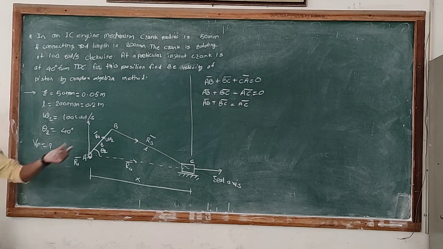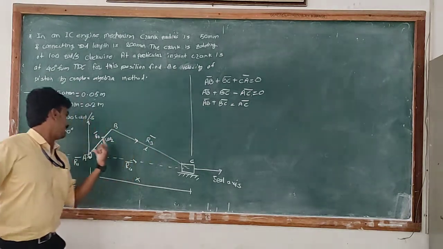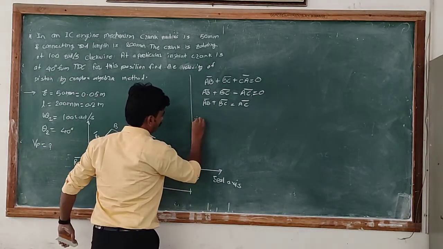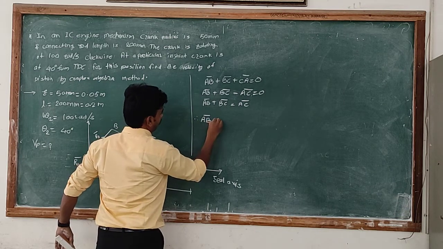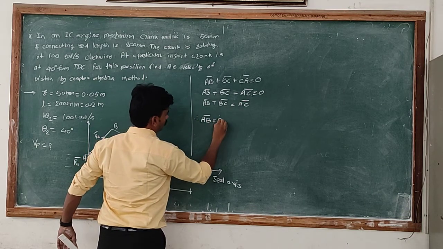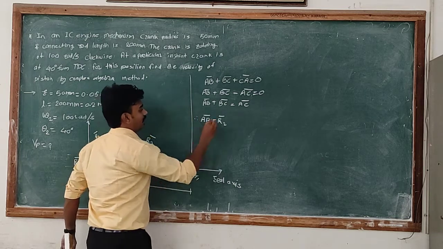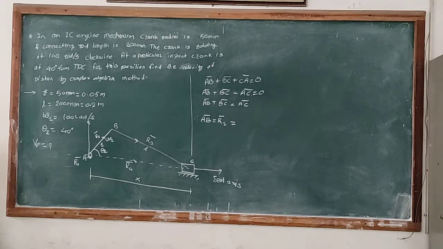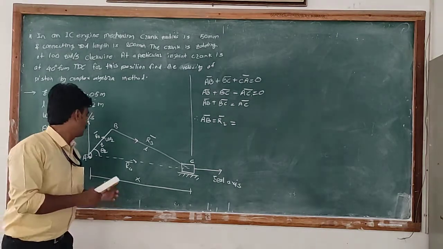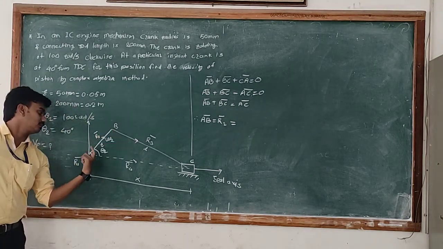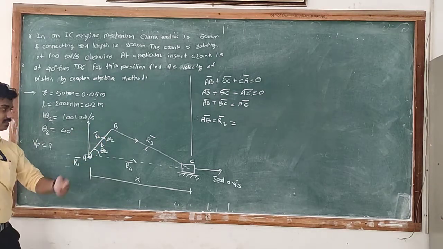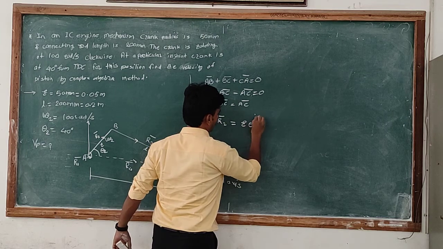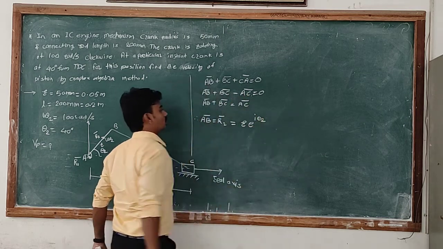Now, AB bar is equal to R2 bar. If we write this in the form of complex algebra, the magnitude of AB is R, so it is equal to R e raised to j theta 2.